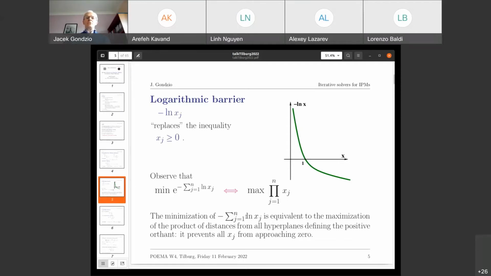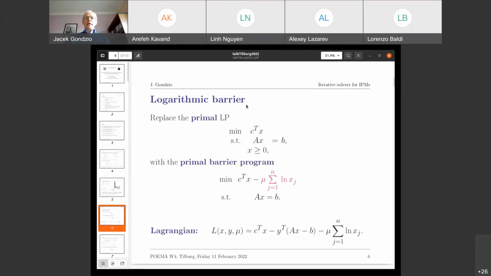So the minimization of the sum, written like this, is equivalent to the maximization of the product of distances from all hyperplanes defining the positive orthant. And in effect, it prevents all xj's from approaching 0. So that's a very obvious explanation of what logarithms can deliver to us.